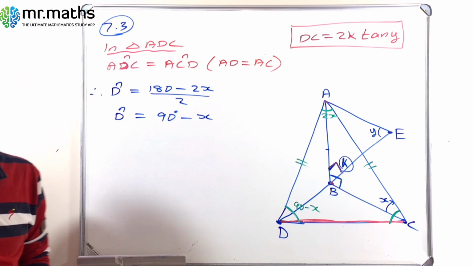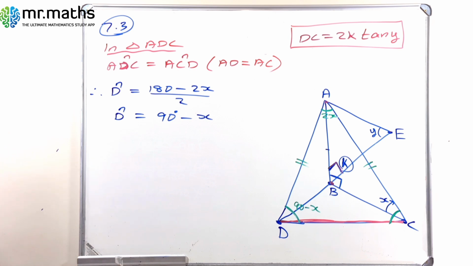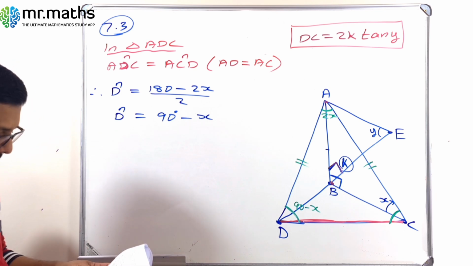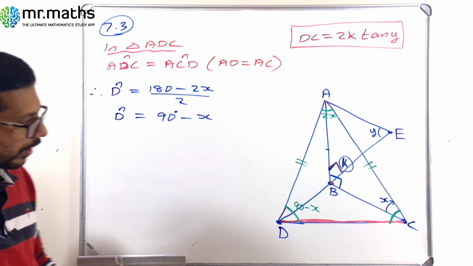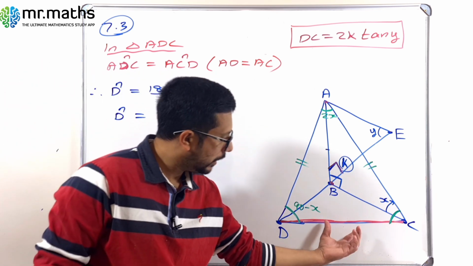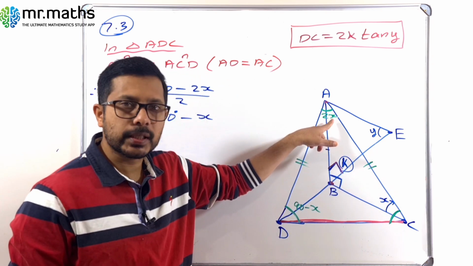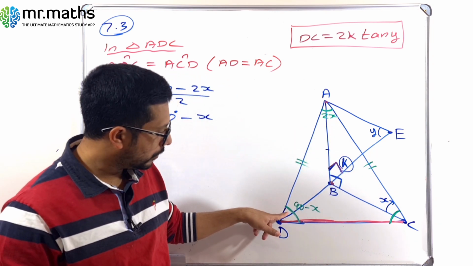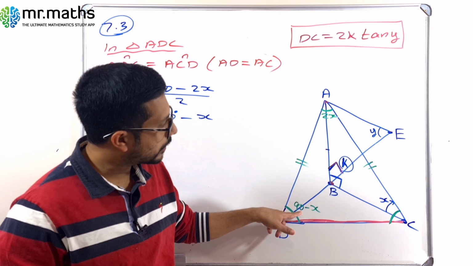Now, is anything else given? What is the question? We have to find DC, and we know the opposite side 2x. Now we know this one is 90 minus x.